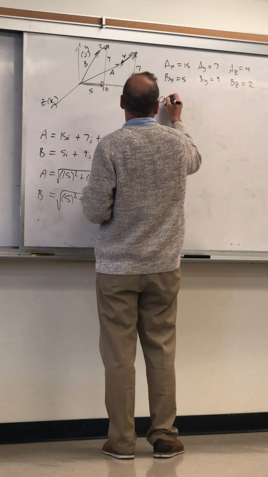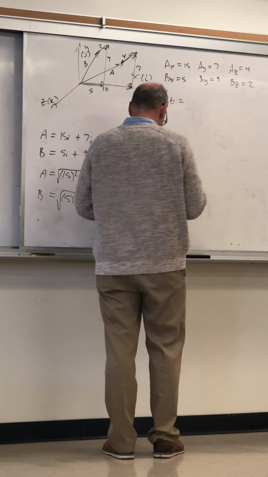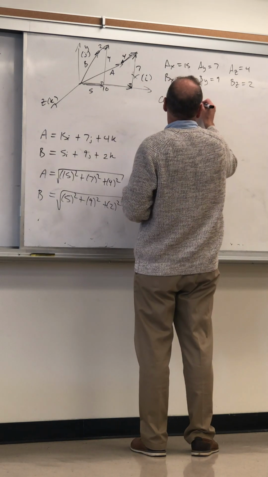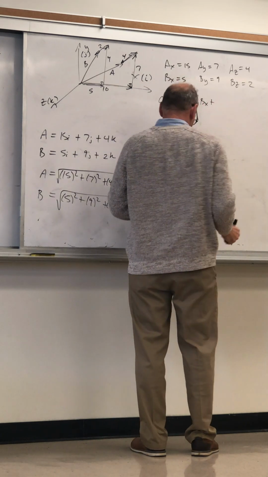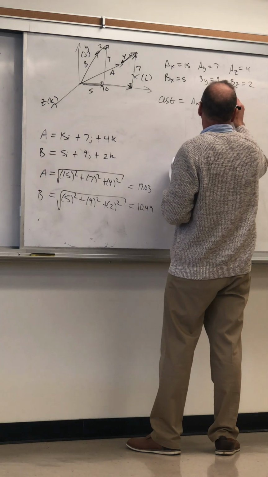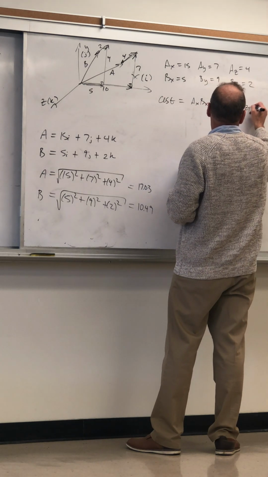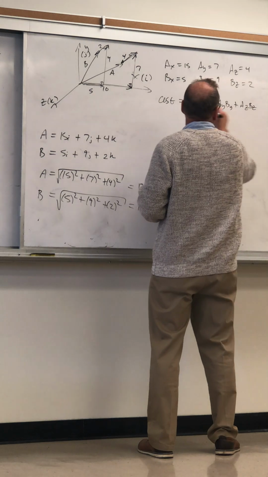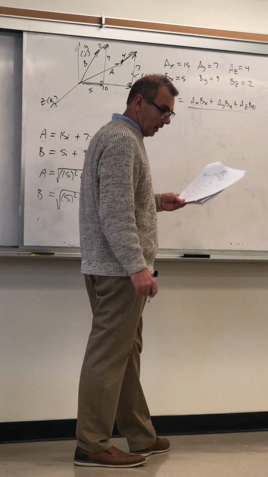So cosine of theta is AX BX plus AY BY plus AZ BZ, divided by the magnitudes.